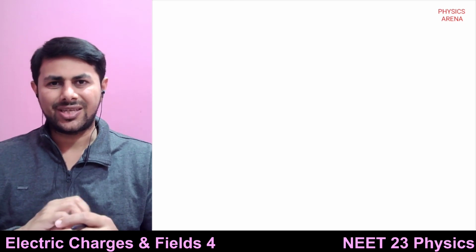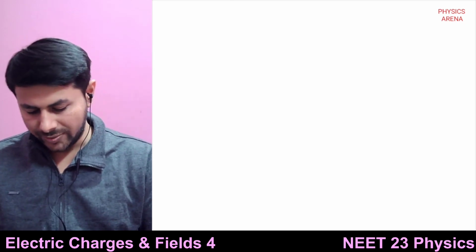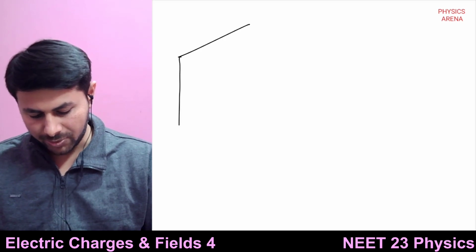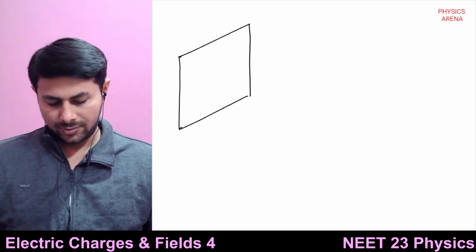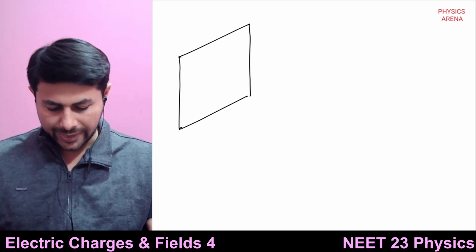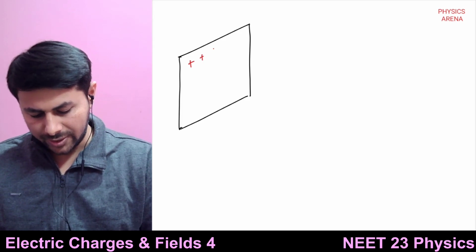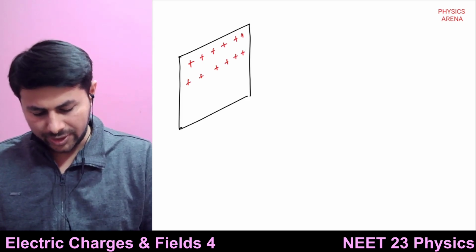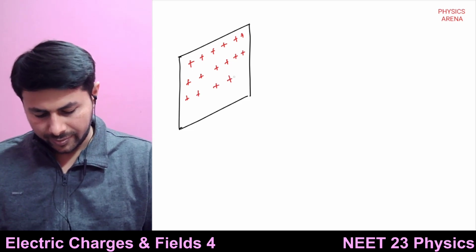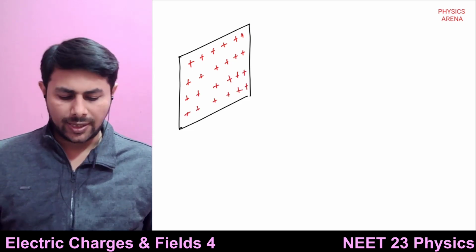Then we have surface charge distribution. So suppose you have a rectangular sheet, the charge is uniformly distributed all over the surface area of the sheet, right?